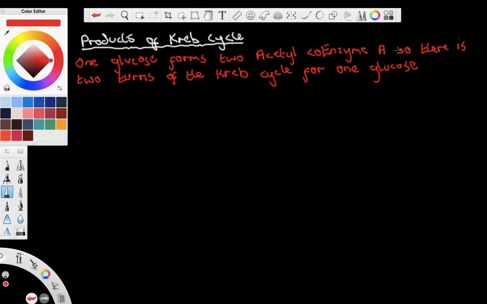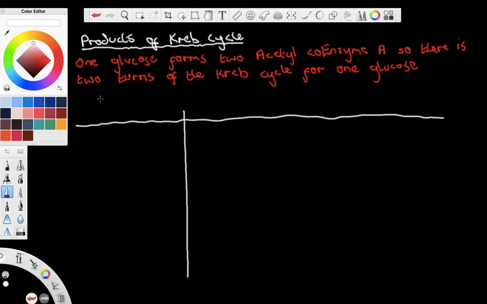Okay? Now, to talk about the products of the Krebs cycle and what happens to them, we're going to draw a table. Our table is going to look like this. In the first heading, we're going to have product from the Krebs cycle, and in the second column we're going to have where it goes.